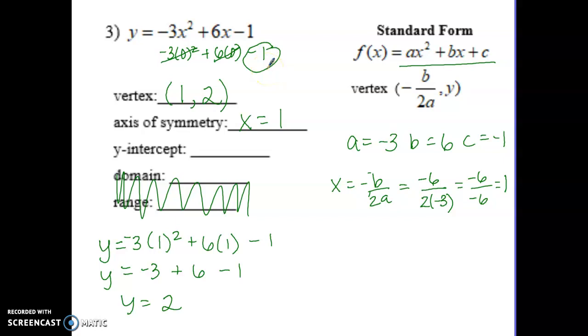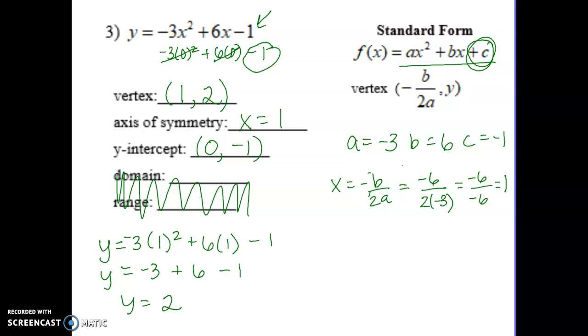Anytime you're looking for the y-intercept, see this value right here, that is always your y-intercept. So the y-intercept here, when x is 0, y is negative 1. Your y-intercept is always what y equals when x equals 0. If it's in standard form, all you've got to do is pull that c value right there.